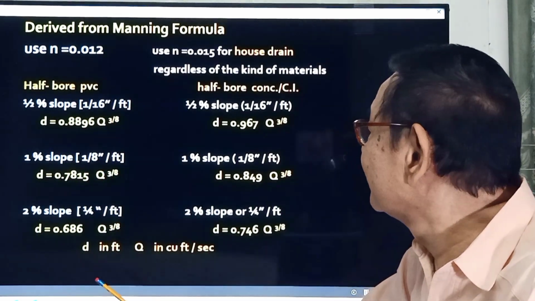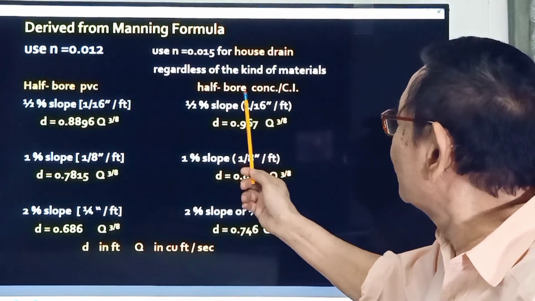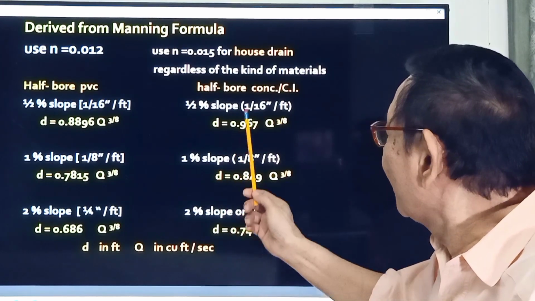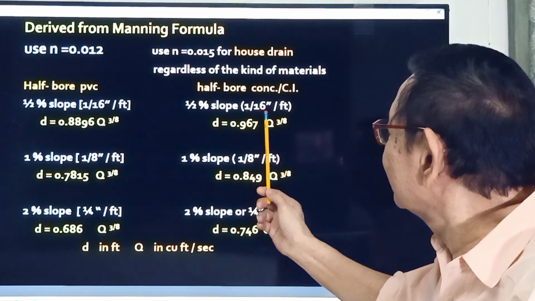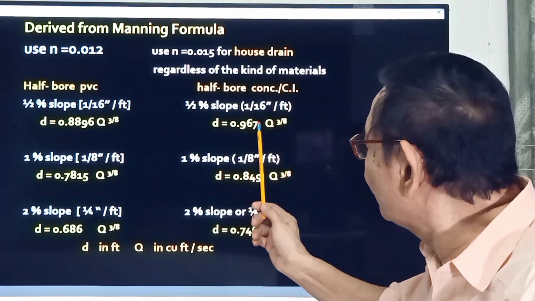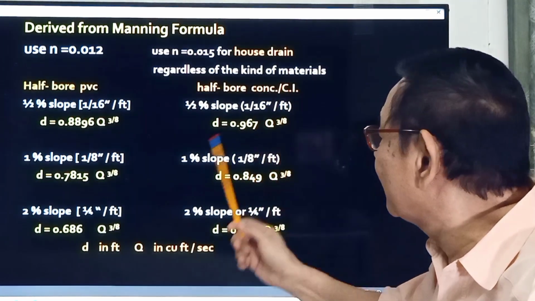For half bore concrete or CI pipe, 1/2% slope, that is 1/16 inch per foot, the diameter is 0.967 Q raised to the power 3/8.